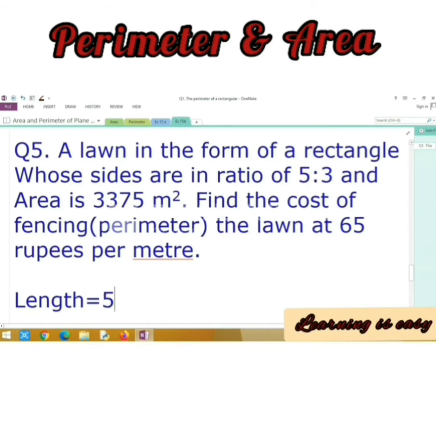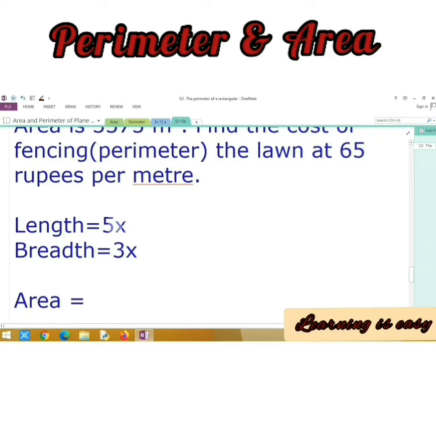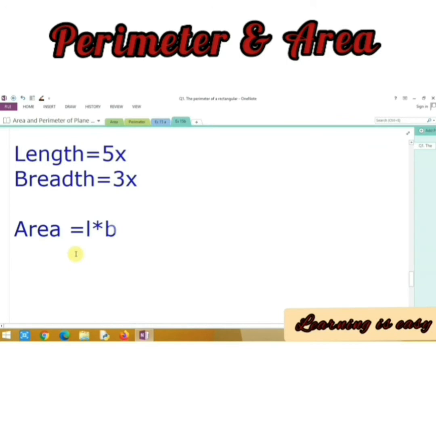So the length of the lawn is 5x because it's given in ratio. It's 5:3 ratio. So we don't know the actual number. So let length be 5x and the breadth be 3x. So the area is going to be L into B. Area LHS is already given in the question, 3,375.